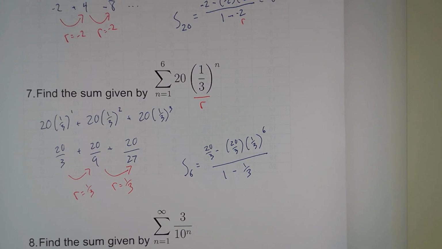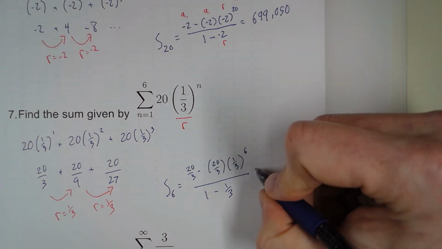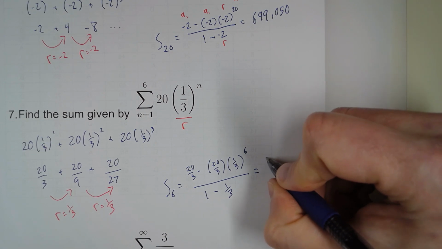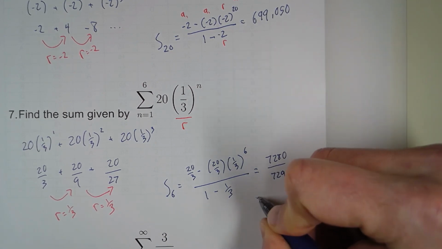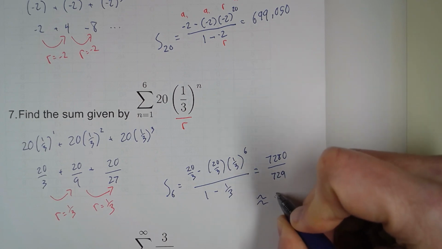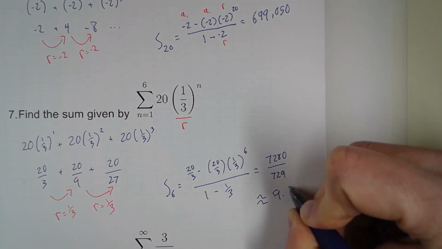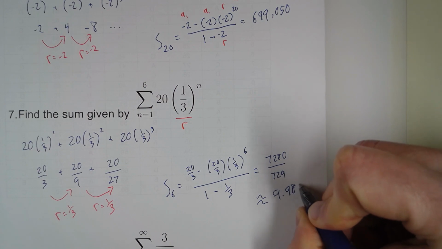And as we make this calculation, remember to be using parentheses a lot, because if you don't, you might end up with a weird fraction. So the exact fraction is 7280 over 729, or if you prefer a decimal approximation, you get 9.986.